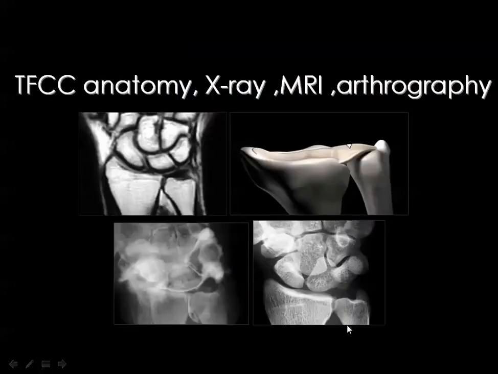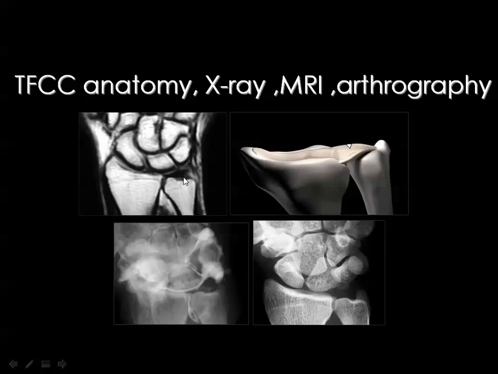Okay. The triangular fibrocartilage is a fibrocartilage triangle which separates the ulna from the carpal bones. The appearance of this triangular fibrocartilage as a triangle is seen in the axial images, but you can see it in the coronal and sagittal images.